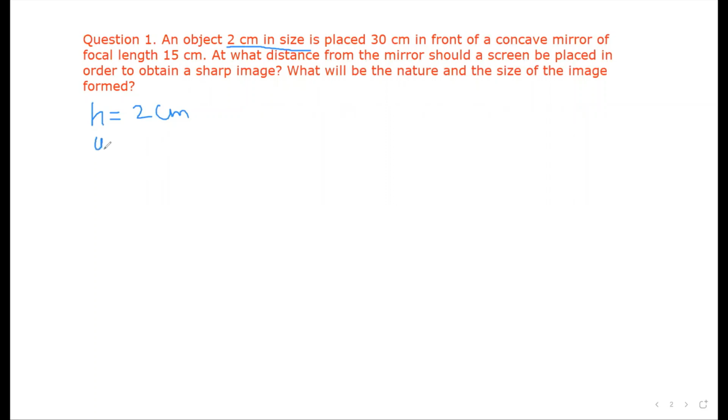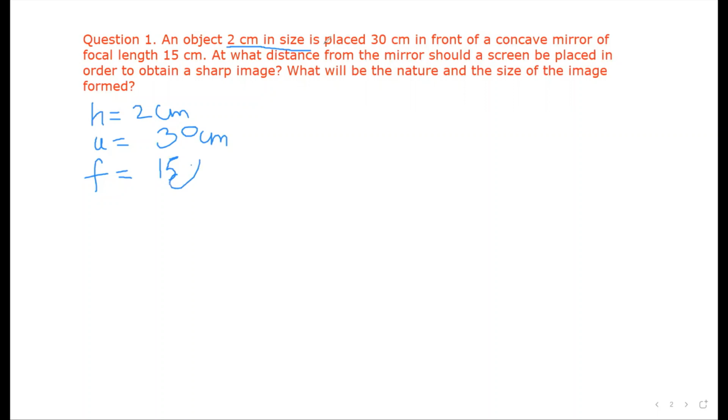So it is the object distance. Then we will write u equals 30 centimeter. First we will write the information and then we will consider our sign. What sign do we have to put, plus or minus? Now what is the focal length of the concave mirror? That is f equals 15 centimeter here.